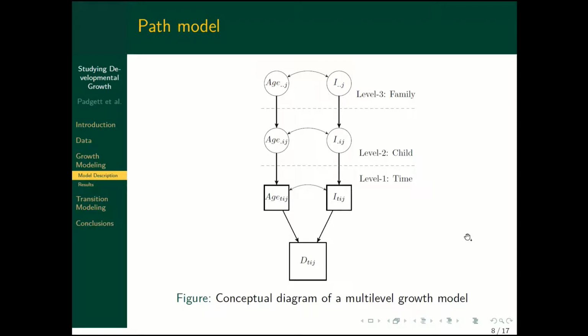And so we're going to pay special attention to how the variability in these random effects up here influences the observed direct effects at each time point. And then again, looking at how family random effects also trickle down to cause effects at each time point.